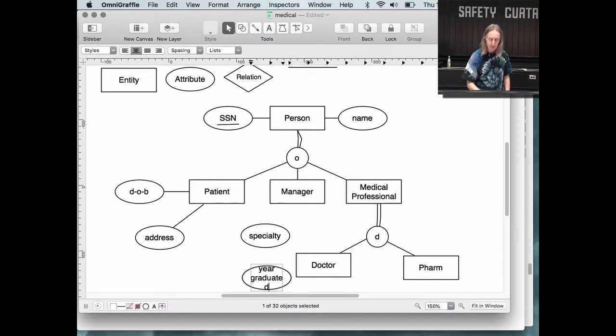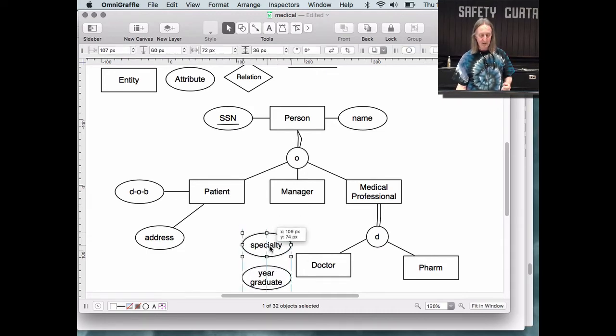So maybe, right, we can do it that way. A doctor has a particular specialty, like oncologist or pediatrician or whatever, and they graduate in a particular year, and from that we can infer how many years of experience they have by making certain assumptions.